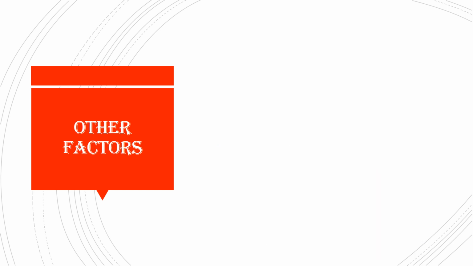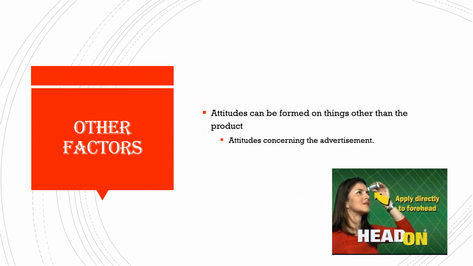In terms of some other factors, know that attitudes can be formed on things other than a given product. Sometimes attitudes can be formed based off the advertisement. People decide that they like a product because they like the ad. They may not know anything about the product.